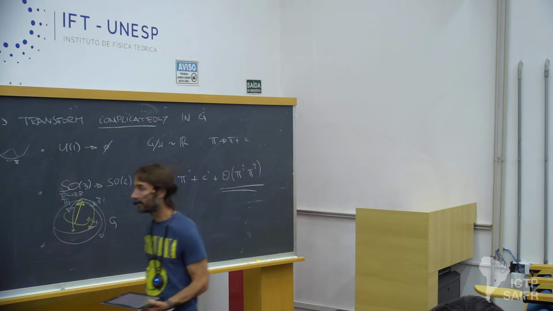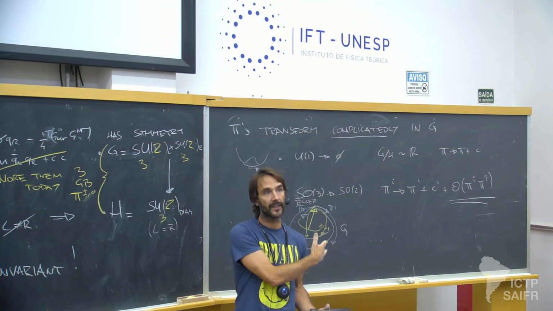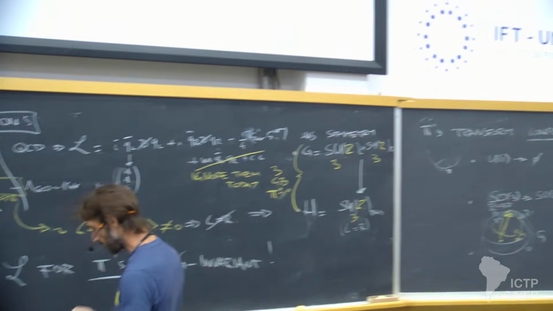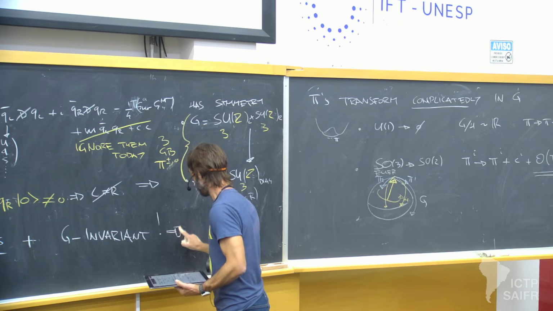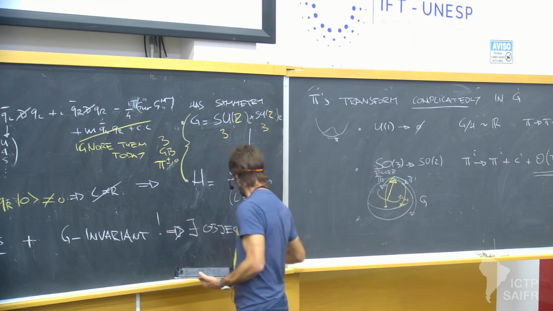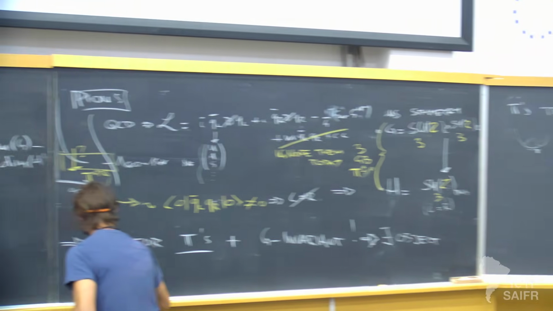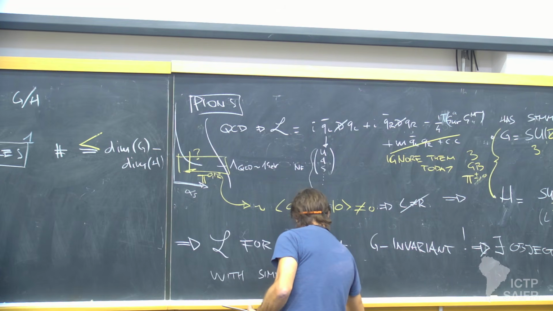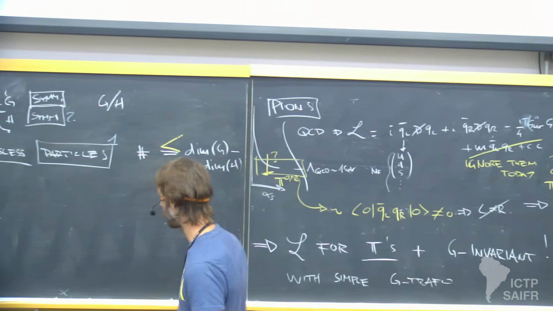So it's very hard to sit down and compute and build a Lagrangian that is invariant under a transformation that is complicated. So there is an object which has simple transformation properties under G. And I will write it over here.